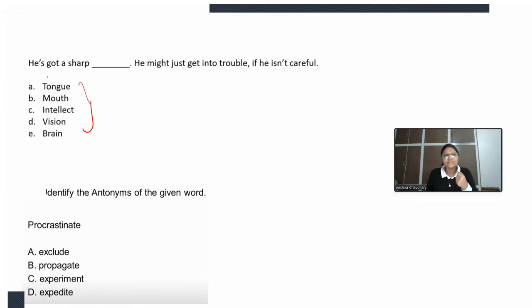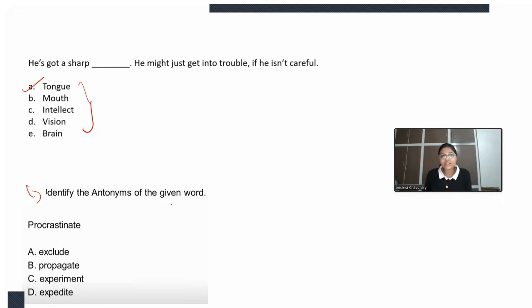So it would be the correct answer if you have a sharp tongue and you are not careful about it. Having a sharp tongue is completely okay because sometimes we need it. But you have to be careful that whatever you are saying can make a big impact on your life, right? So that's why tongue is the correct answer.